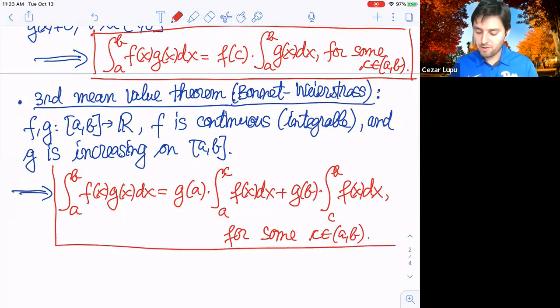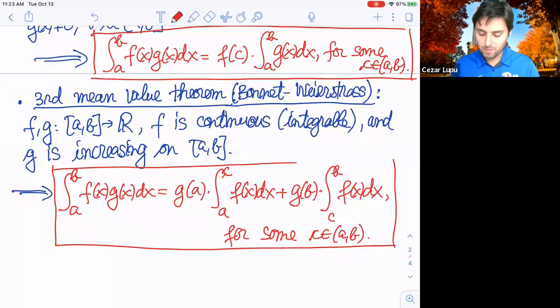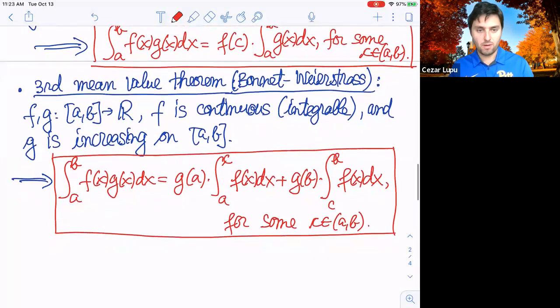So this is the third mean value theorem. Probably some of you haven't seen this before, and it's not that popular, unfortunately. There aren't too many applications of it, but I will show you one.